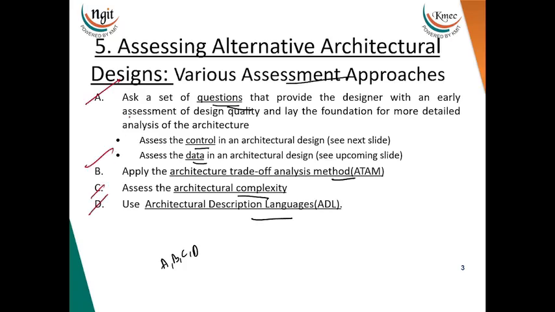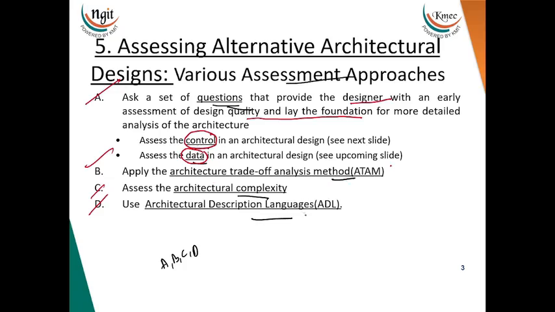A is a set of questions provided at early stages by the designer, so that quality may be laid out as the foundation. One is assessing the control architecture: how the data is controlled. B is applying architectural trade-off analysis, ATAM. C is assessing architectural complexity.